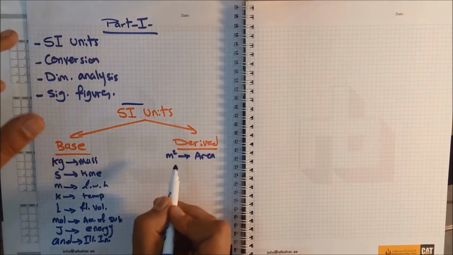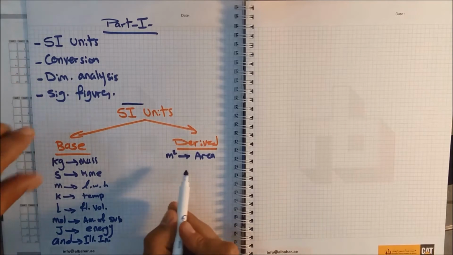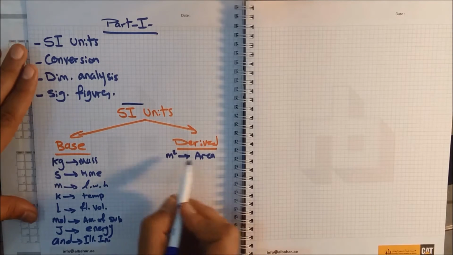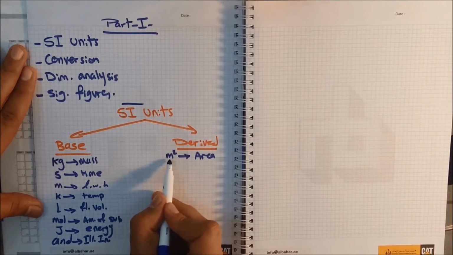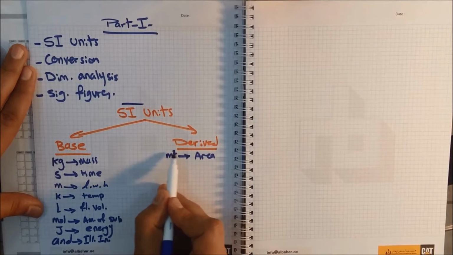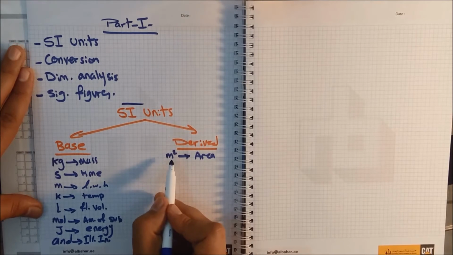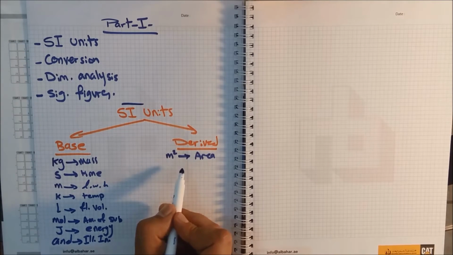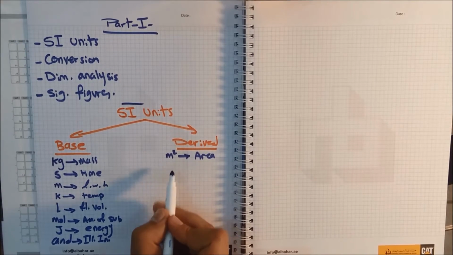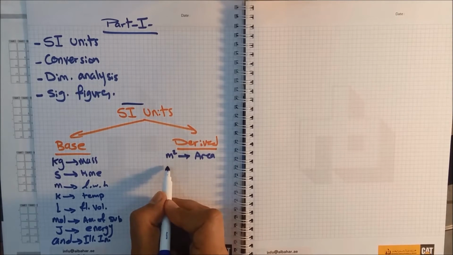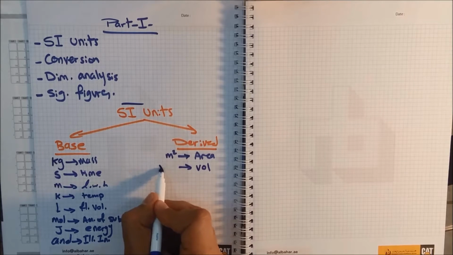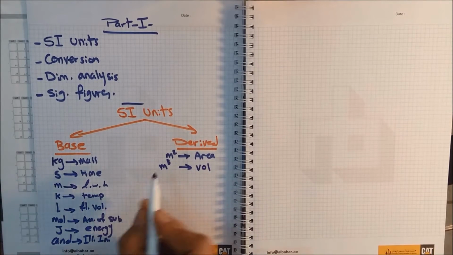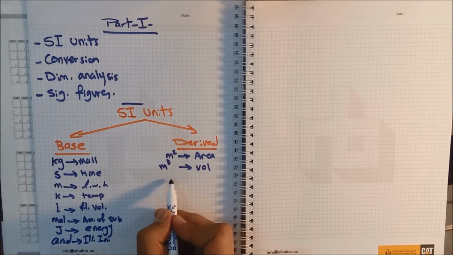It has 2 length dimensions. So here we multiply 2 length dimensions, and you found the area. Then let's say we need to measure the volume for solids.